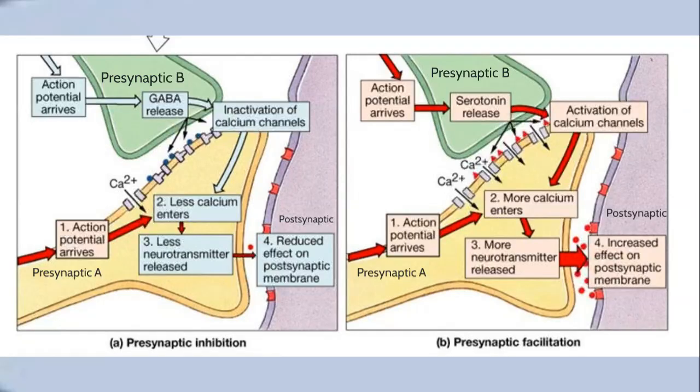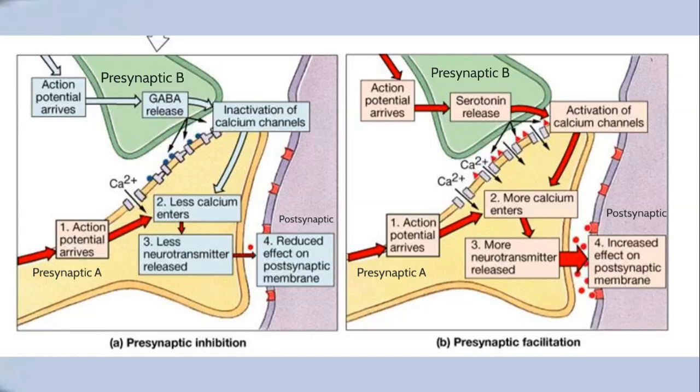All right, so one effect that you can have is something that we call presynaptic inhibition. So if this presynaptic cell is trying to synapse onto a postsynaptic cell, then a third cell is coming in, and that third cell is, in this case, releasing GABA, right? And we know that GABA is inhibitory.